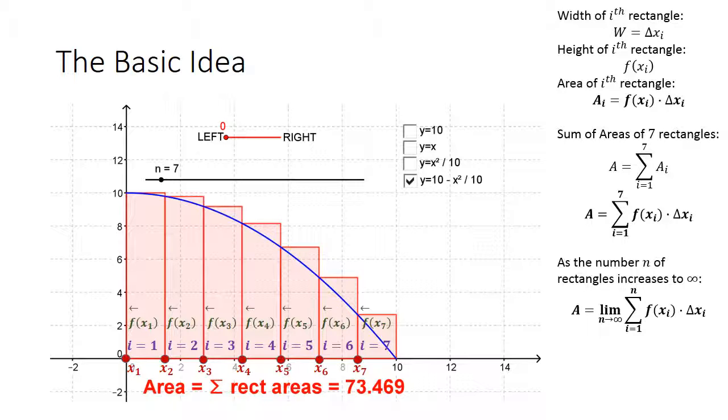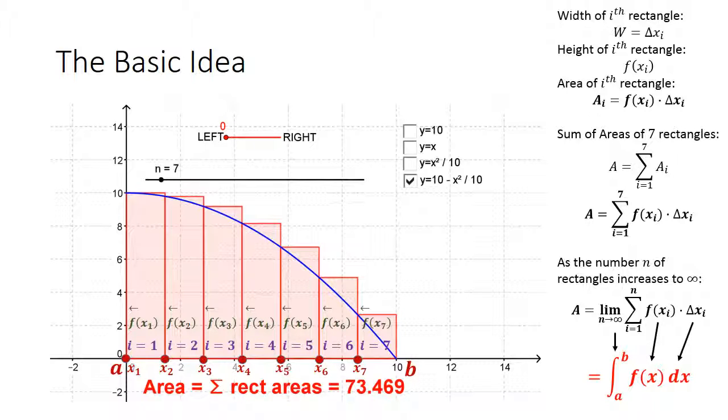Now, we can work with this limit notation, but ultimately we're going to be using this notation here, which is what's called the definite integral of the function f of x from a to b. This is your x value at the left end and your x value at the right end. For our function, a would be 0, b would be 10.